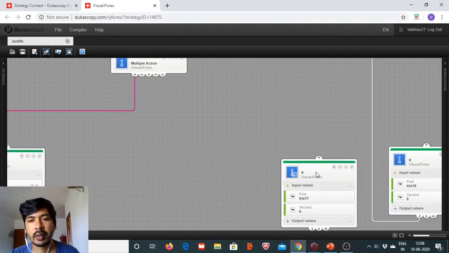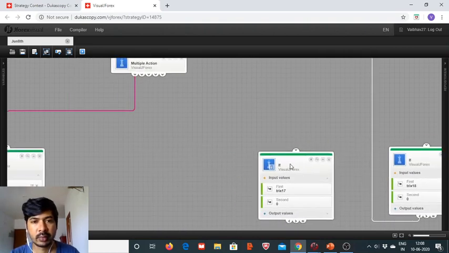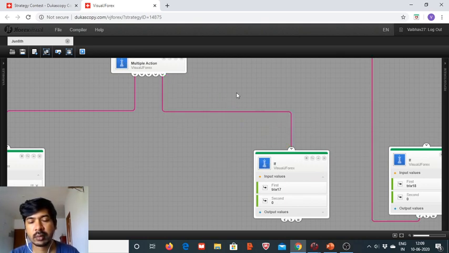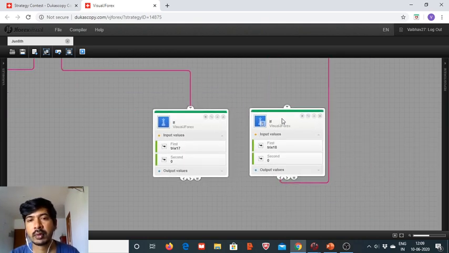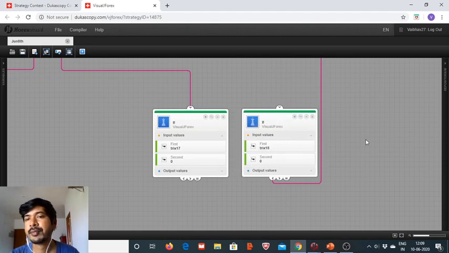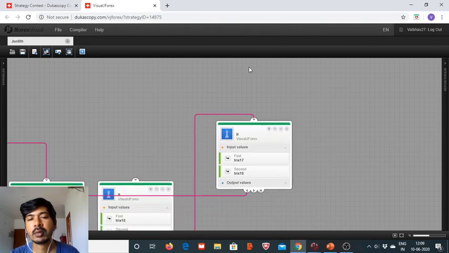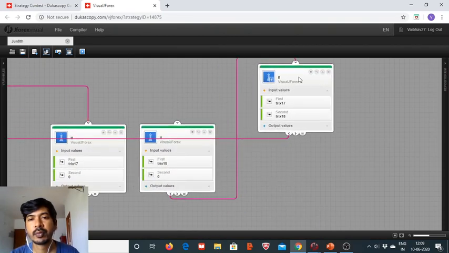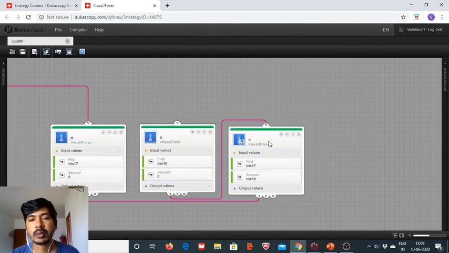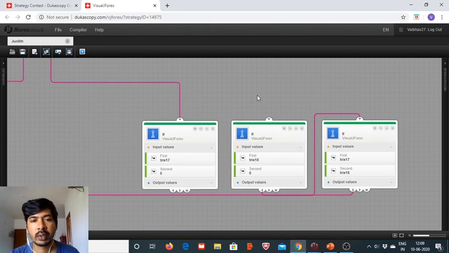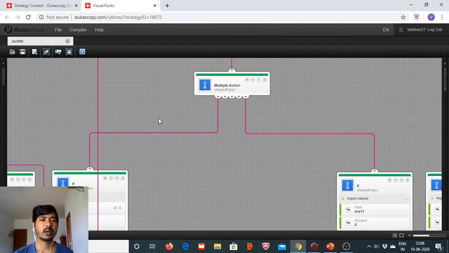And here it comes. These are connected, TRIX 17, TRIX 18, it is not showing up, but it will be restored fairly soon.